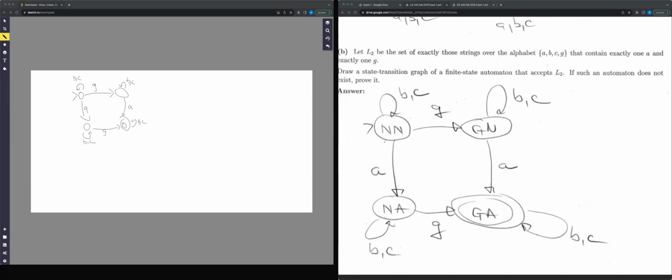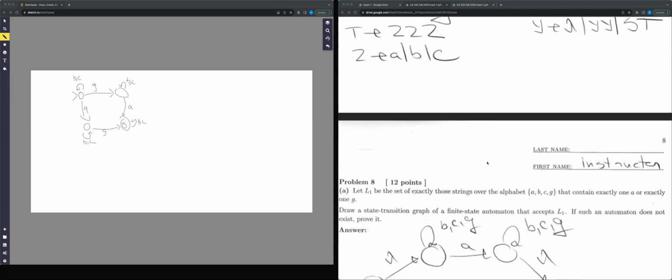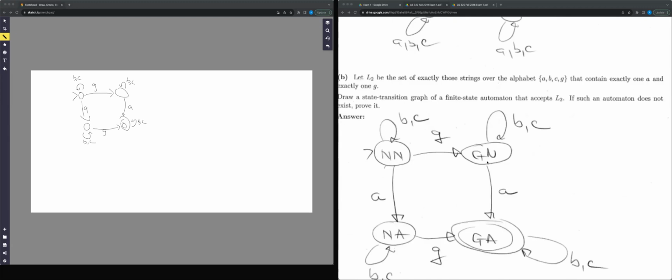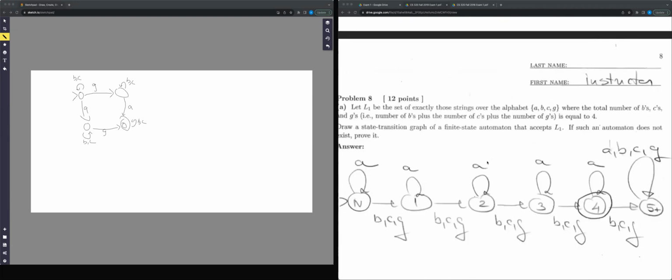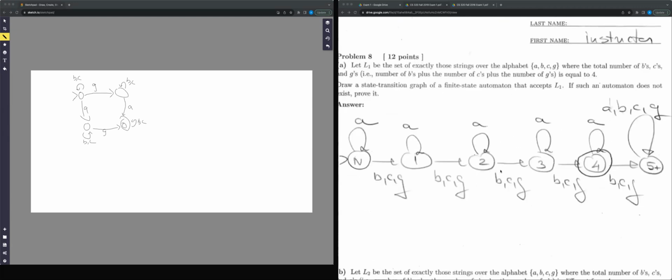Does that make sense? This is one of the things that you should just practice doing, NFAs or just finite automata, before figuring it out. So we could do this one.